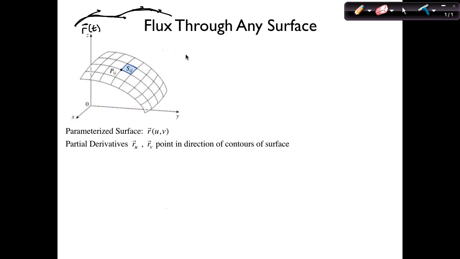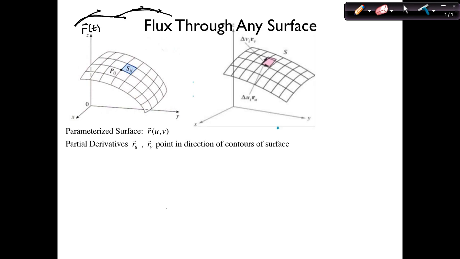Why do I need that? Why do I want that? Because I'm trying to get n, right? Where's n going to come from? So when I take the r_u and r_v vectors, those are actually what?